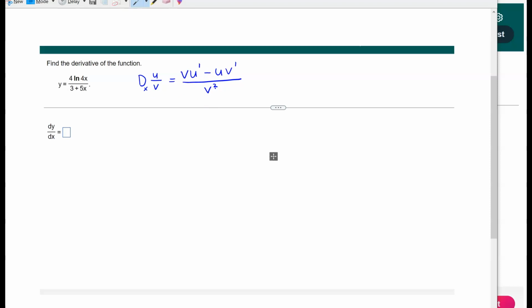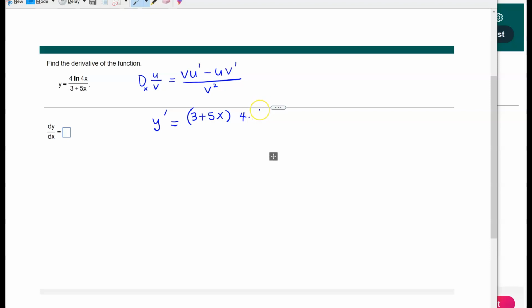Now, let's apply that to the given expression here. So you have y prime, that's your dy dx, is equal to v, that's low, so it's 3 plus 5x, enclosed in a parenthesis, times the derivative of the numerator, 4 times the derivative of ln 4x.